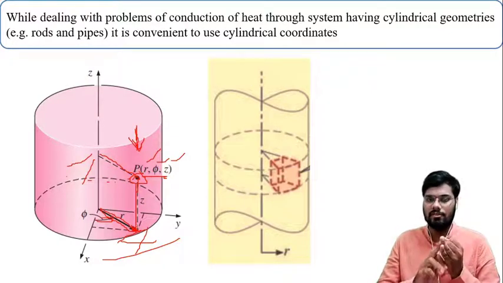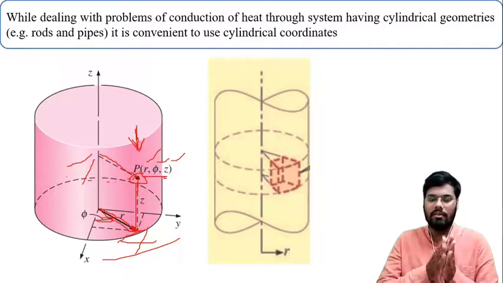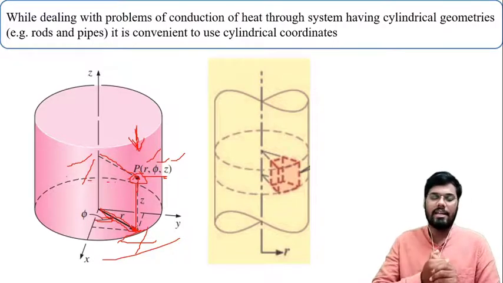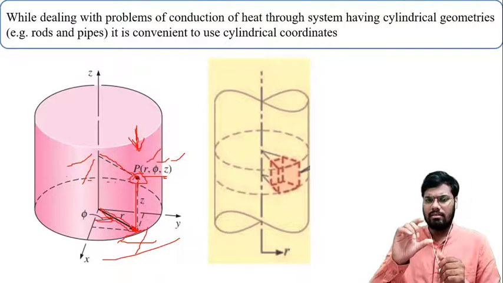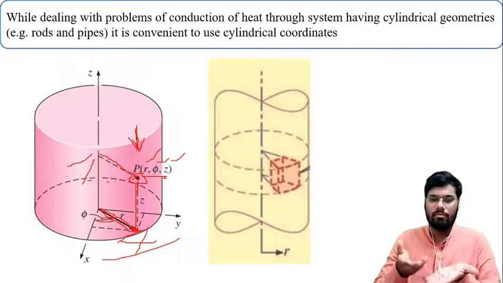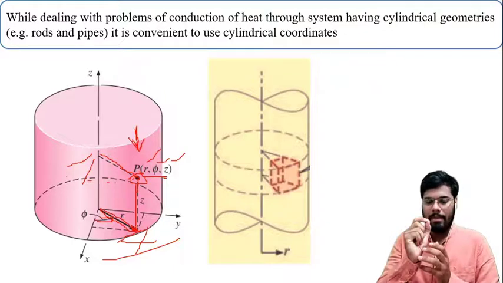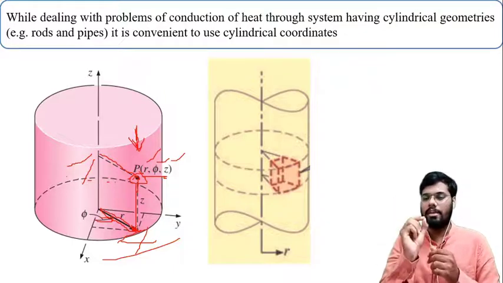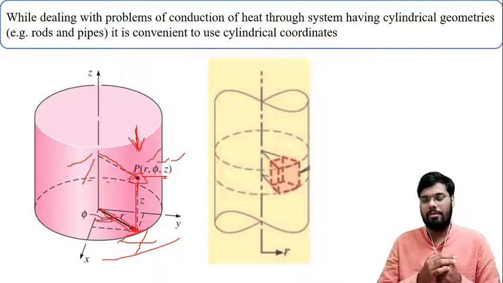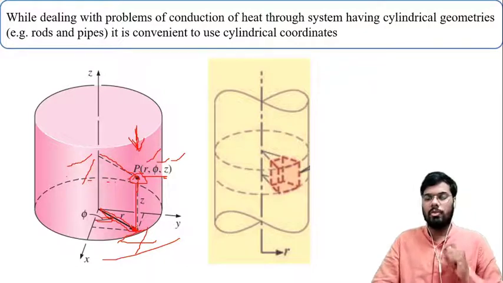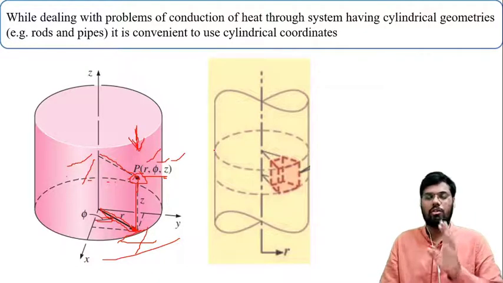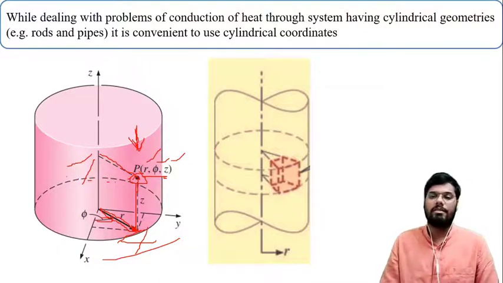R is the distance from the center axis, z is the height from the ground, from the xy plane, and phi is the angle made by the top view projection of that point in the xy plane. These are the three variables we need to locate any point in our cylindrical coordinates.